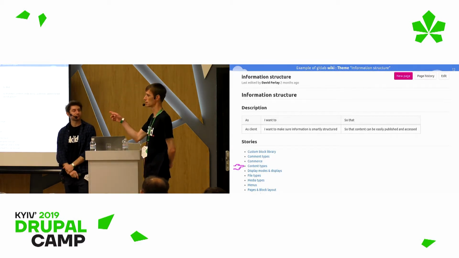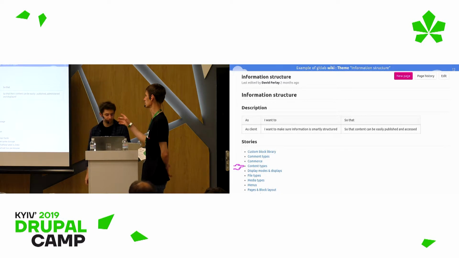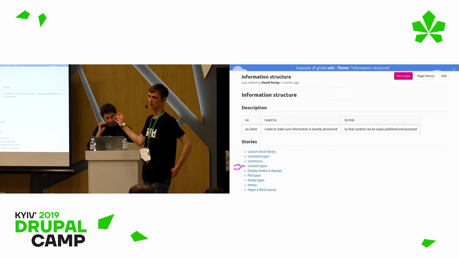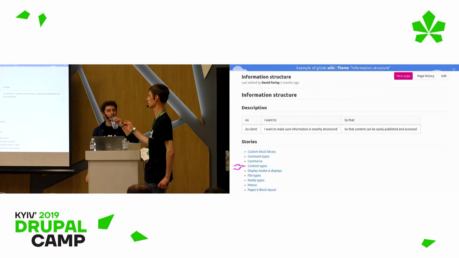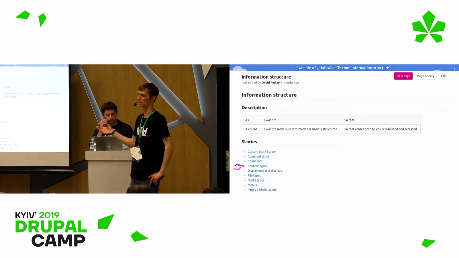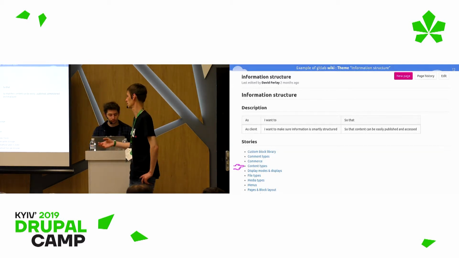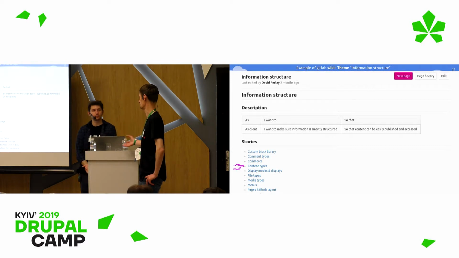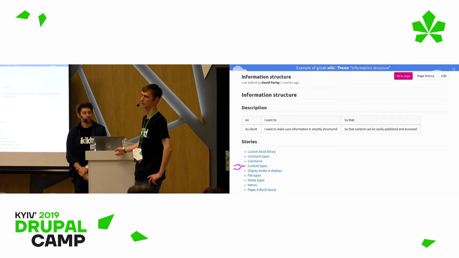About acceptance criteria, as you can see, it's not just for developers, it's usual normal requirements for managers, for customers. Can they easily use the site, can you administrate content types, content, and so on, fields, media, and so on.